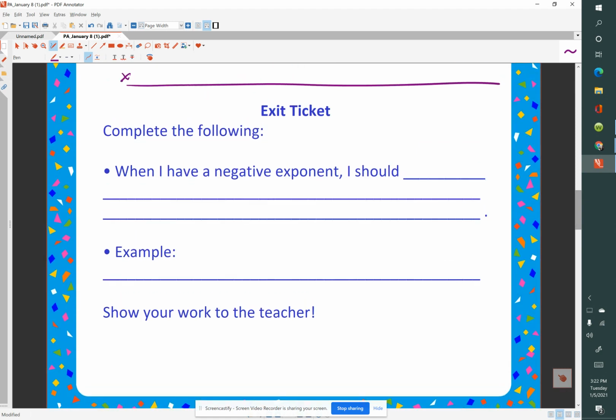So let's go back to our exit ticket. When I have a negative exponent, I should make it a denominator and remove the exponent. Remove the negative sign.